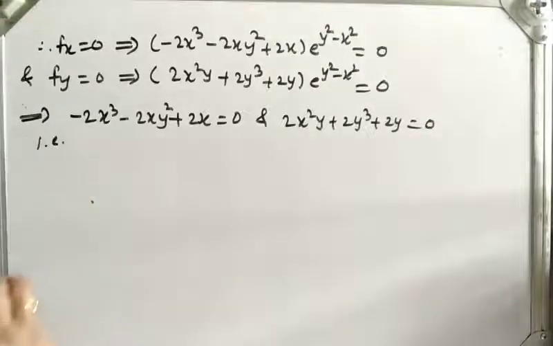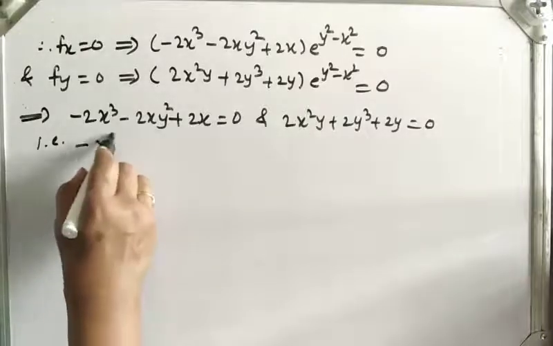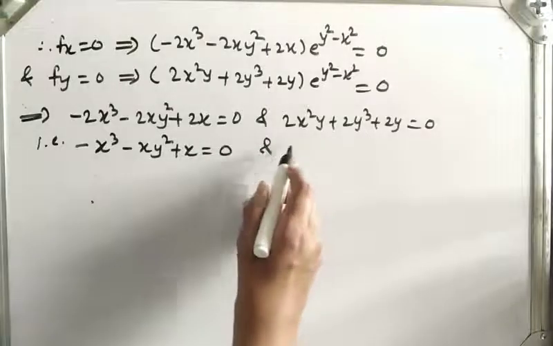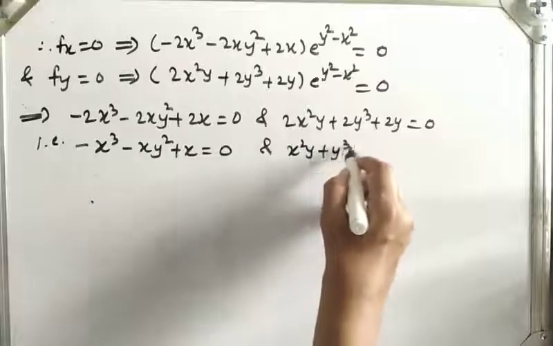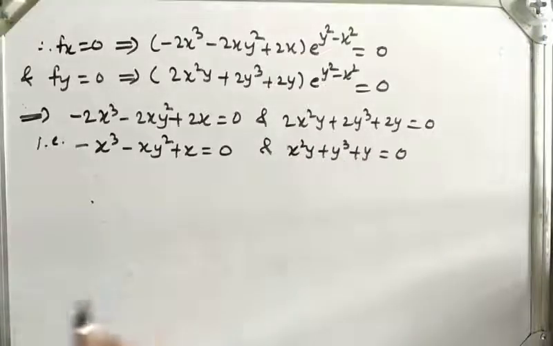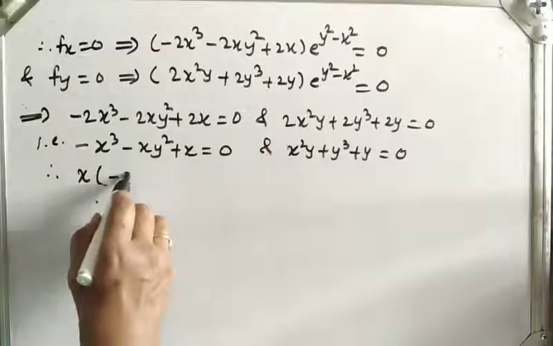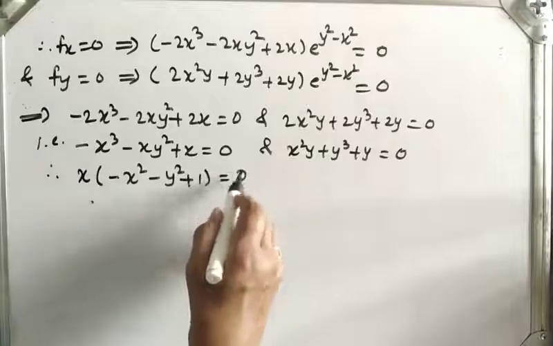We can divide throughout by 2. That is, −x³ − xy² + x = 0, and here also x²y + y³ + y = 0. Here we can take x common: x(−x² − y² + 1) = 0.